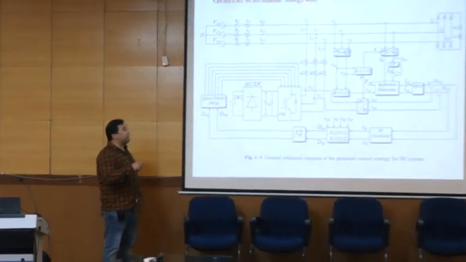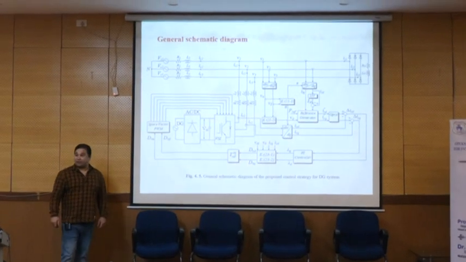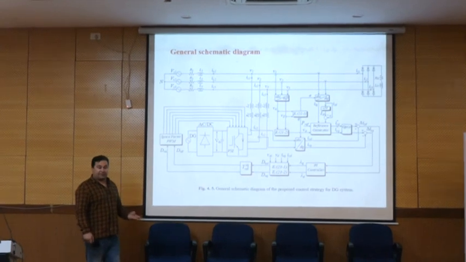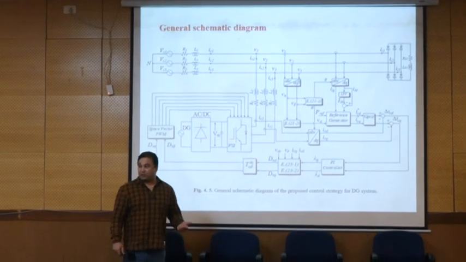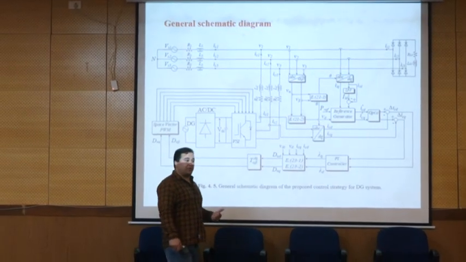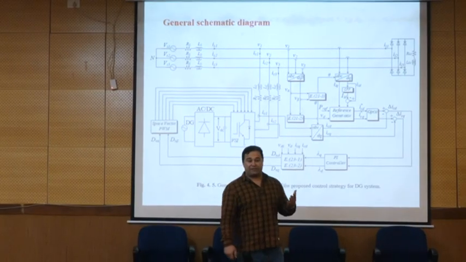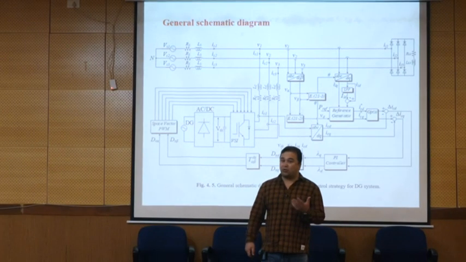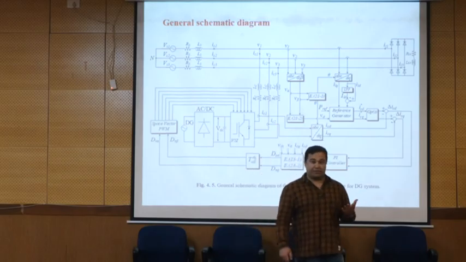We have a grid which is providing components for the load. The load asks for active power, reactive power, and also harmonic. So it means that the grid should provide some reactive power and harmonic beside the active power. So the load is providing something which damages the grid.